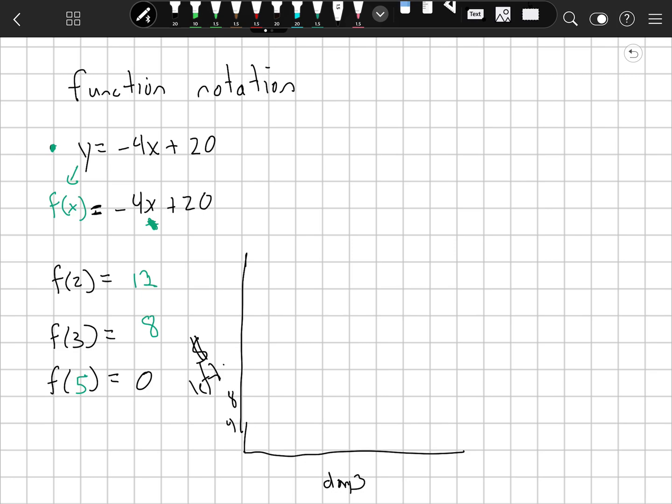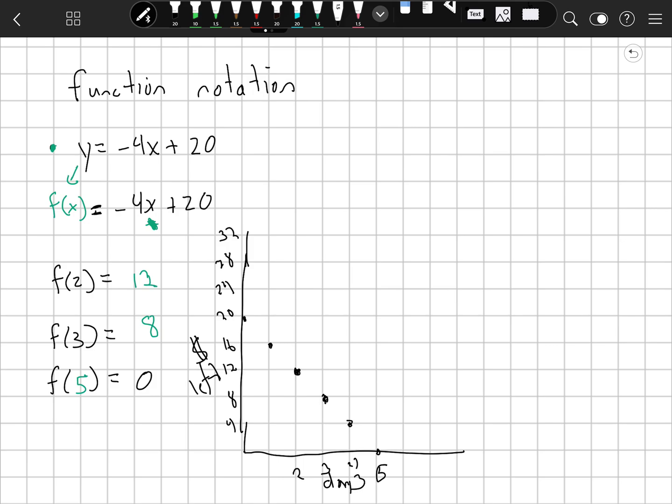Let's go 4, 8, 12, 16, 20, 24, 28, maybe 32. So at 2 days, we're at $12. At 3 days, we're at $8. And at 5 days, we're at $0. Something like that, and we could fill in some blanks because we know it's a linear function. And it looks something like that.